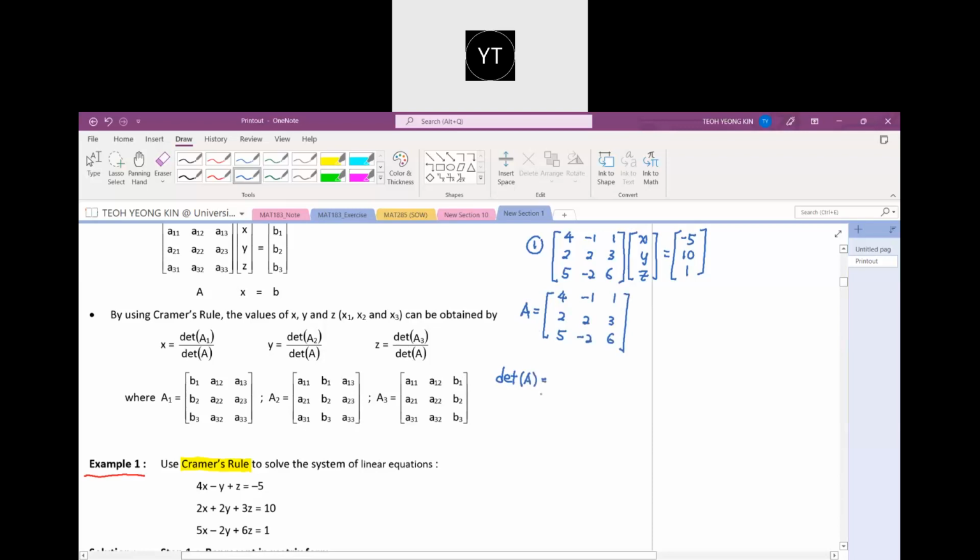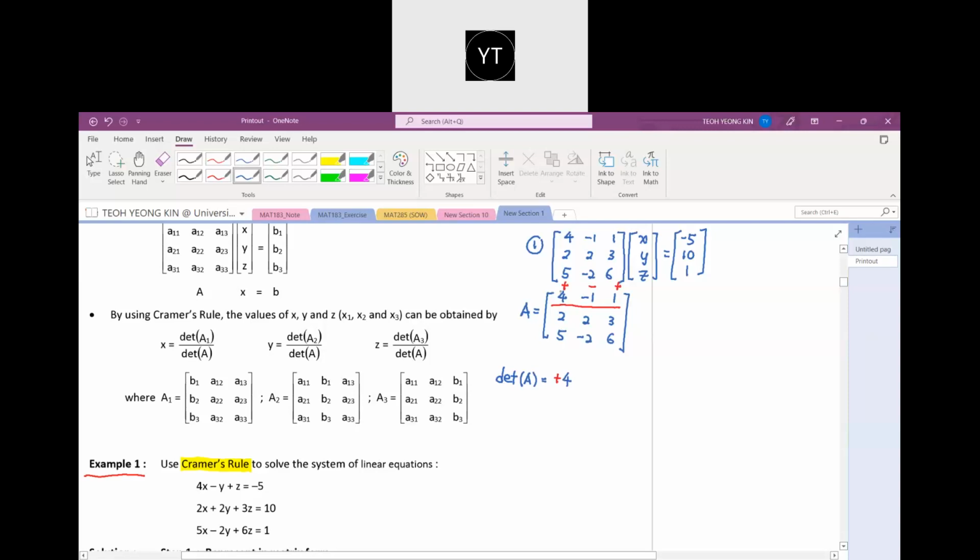Do you still remember how to find the determinant of A? Kena ingat macam mana nak cari determinants of A. Let's say I use the first row. Jangan lupa positive, negative, positive. First positive, and then 4. What we do is we close the first column and the first row.